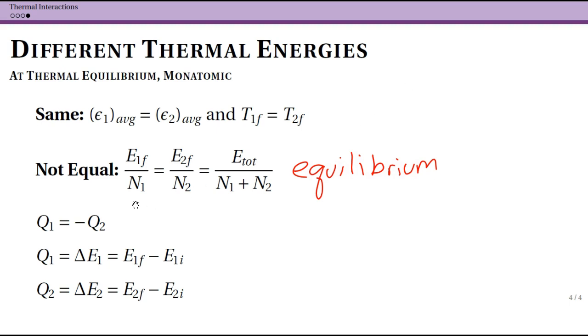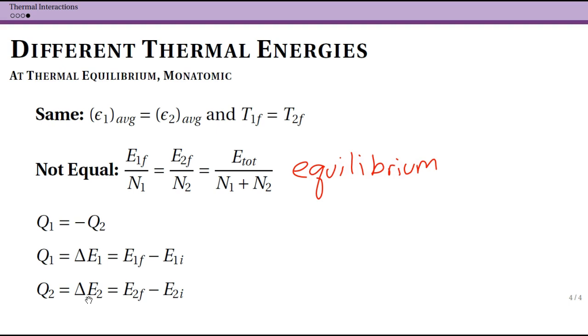So then we know that the heat gained by one is the heat lost by the other, right? Because you must have no net heat, since these were isolated from the outside environment. And so then we can relate the changes in energies. The change in thermal energy, since that's related to heat, will be equal in magnitude but opposite in sign.